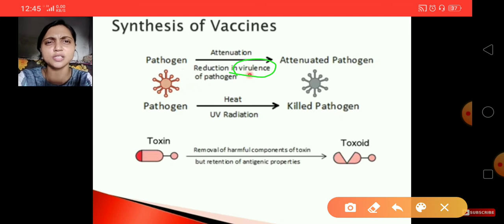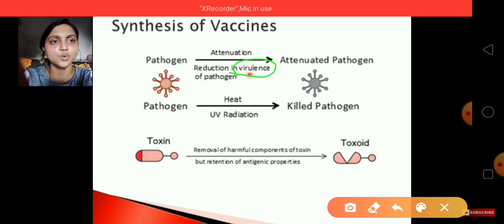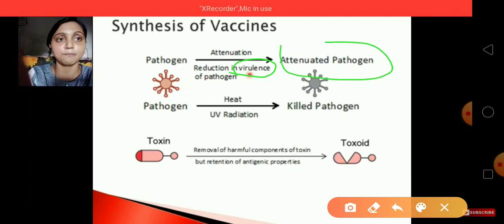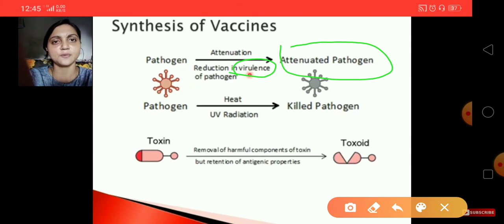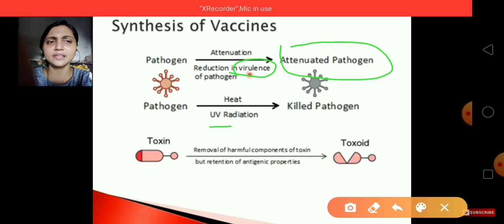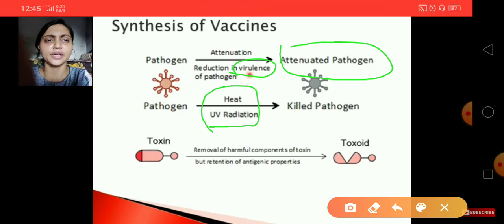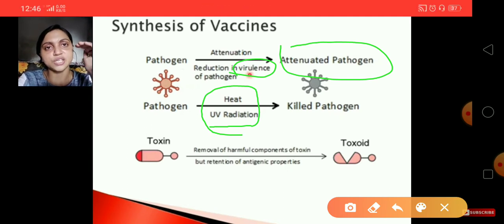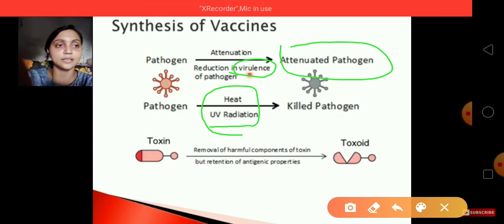Virulence is the disease causing capacity, the potential. This is known as the attenuated pathogen, and sometimes attenuated pathogens are used inside vaccinations. The pathogens may also be inactivated by applying heat and UV rays, in case of some diseases. So we are also injected with killed pathogens and toxoids.